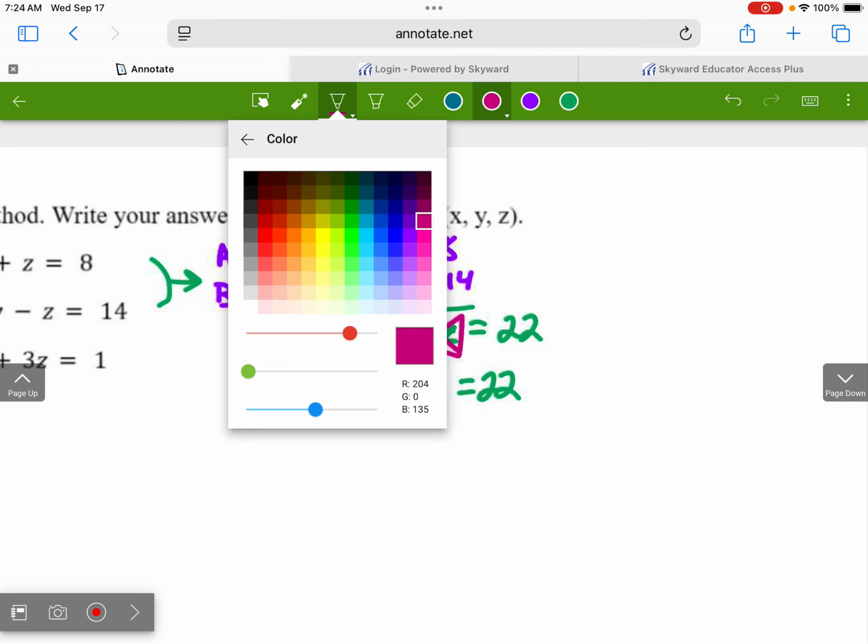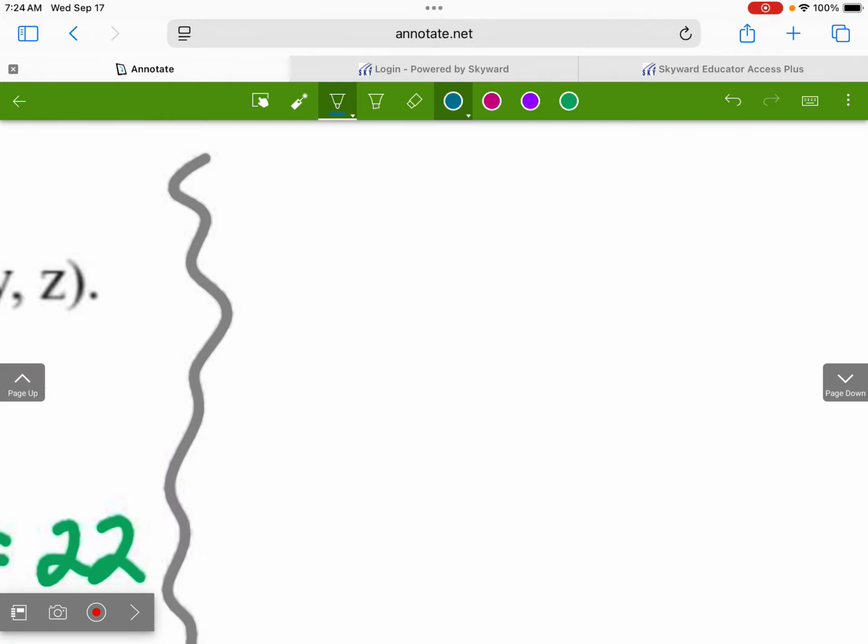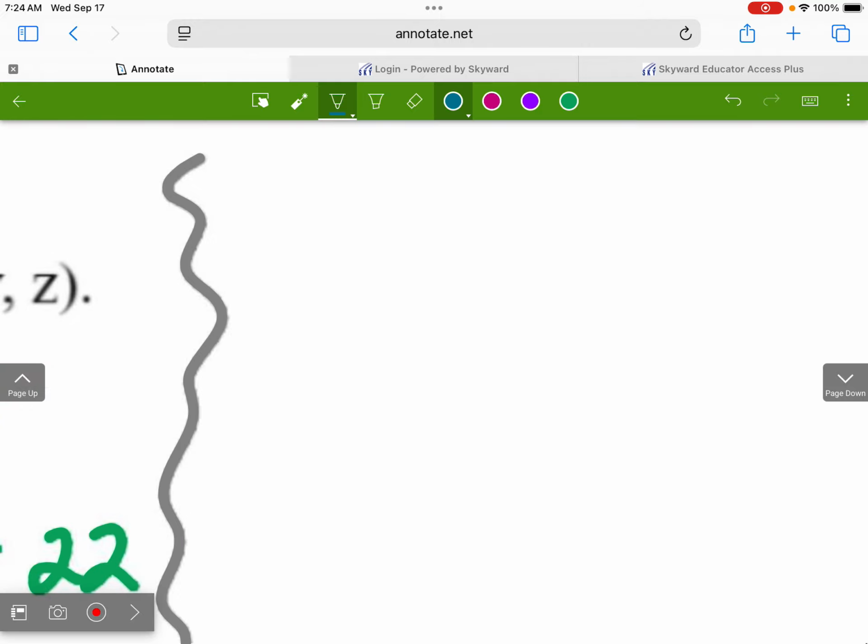Now we need to do our second pair of equations that eliminate out the same variable. How are we going to do that? What are we going to do next?